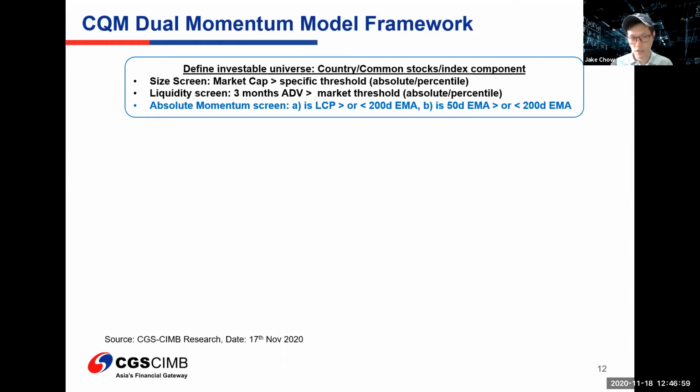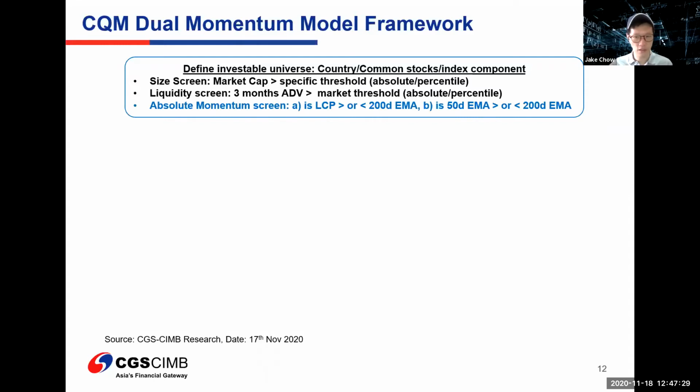Before we go into the relative, we start with the absolute screen first, right? Absolute momentum is very easy to screen because it basically asks you a binary question, either yes or no. In this case, we use last traded price bigger or smaller than the 200-day exponential moving average, for the positive model or the negative model. If we are screening for positive momentum, we want last traded price to be above.